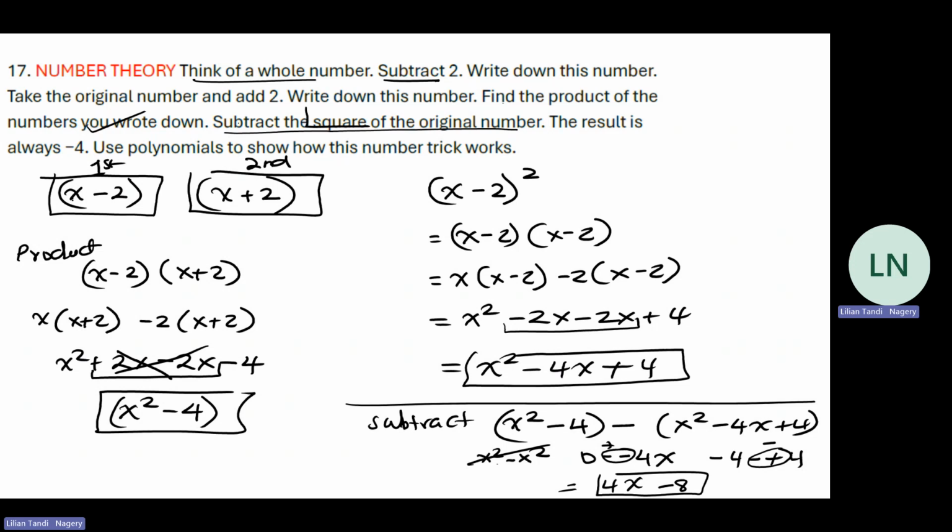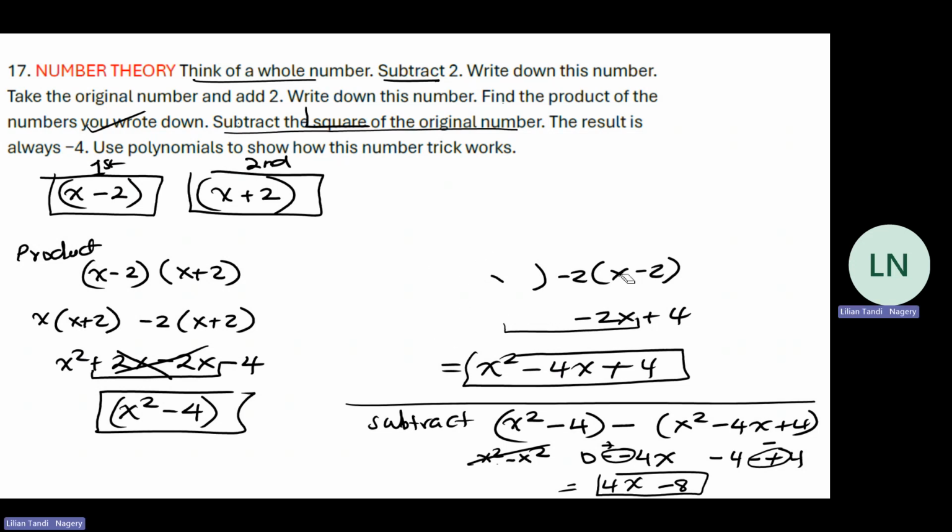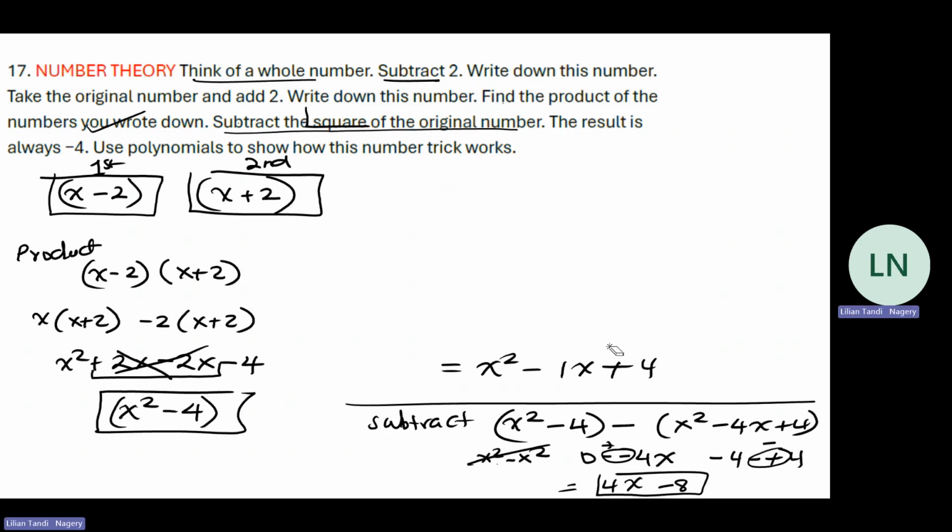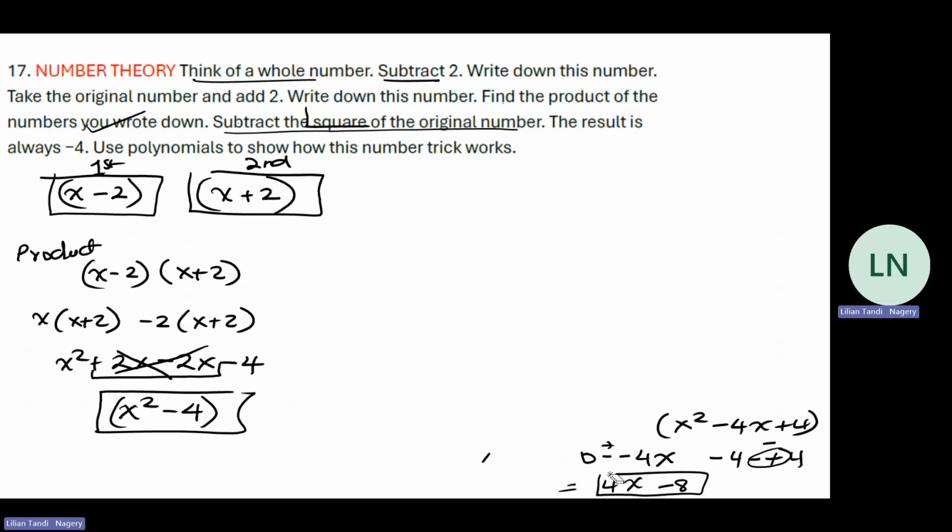Oh, the original number was x and not x minus 2. Okay, so that is where my mistake is. So make sure you read carefully. All this I was not supposed to do. The original number was x and not x minus 2.